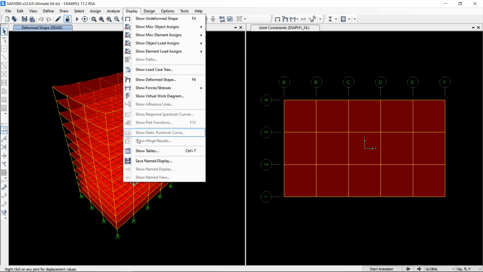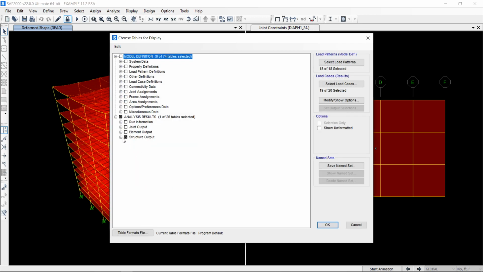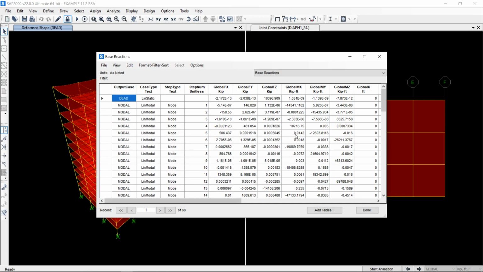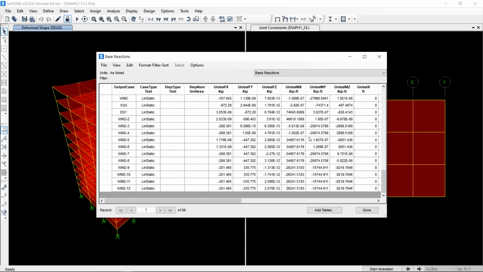Now let us see the table. Now we are interested in base reaction. Here is the base reaction. Let me copy this base reaction.